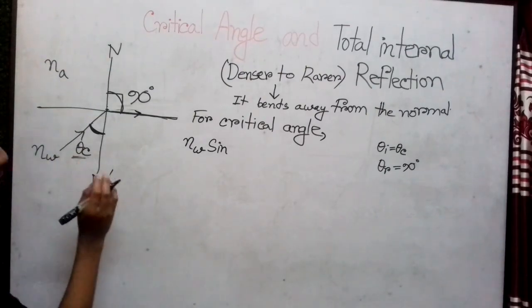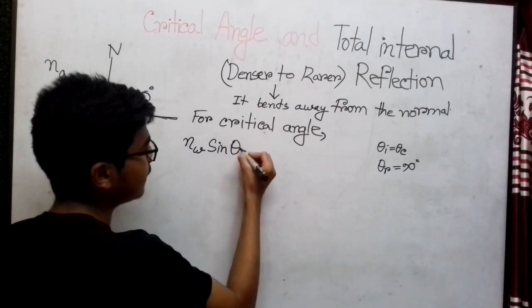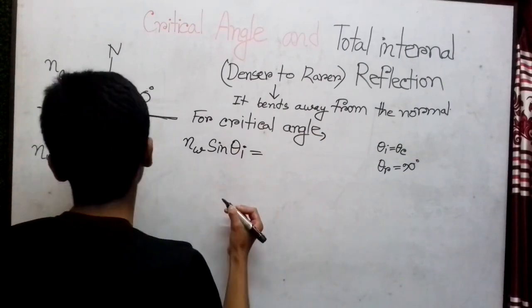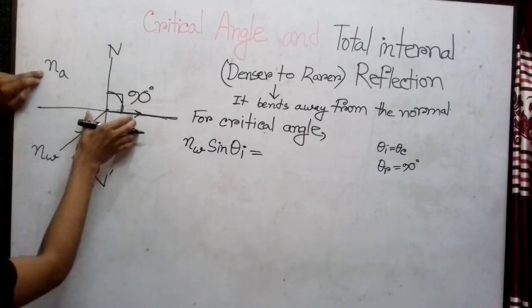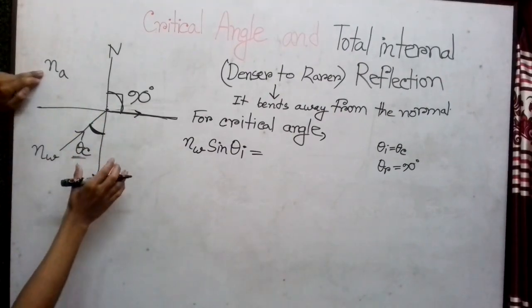First of all I consider theta I, with NW, which I have written for the denser medium.